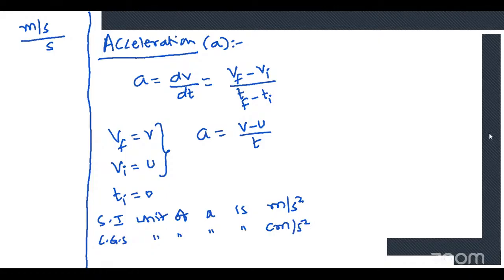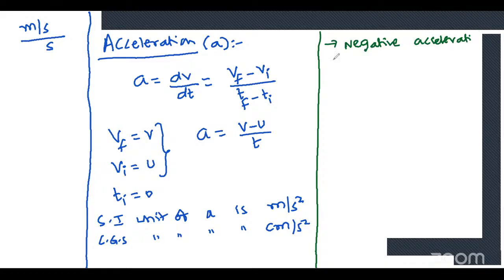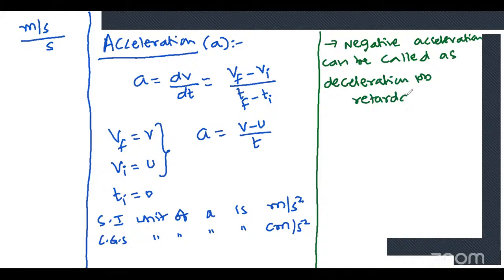Negative acceleration can be called deceleration or retardation.